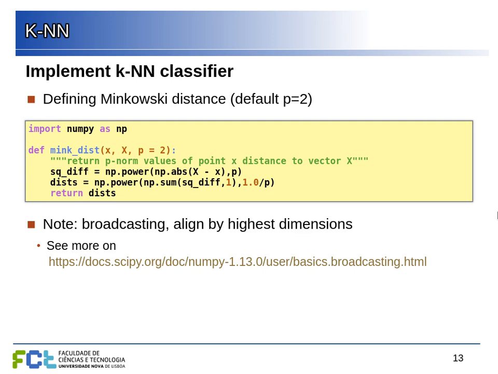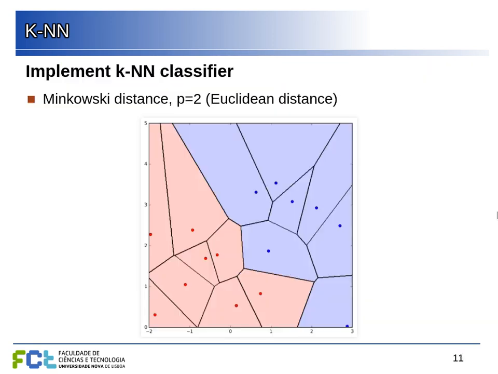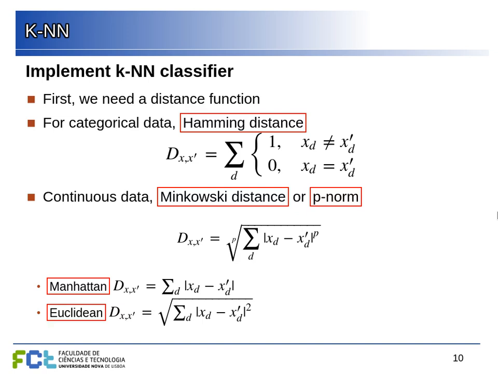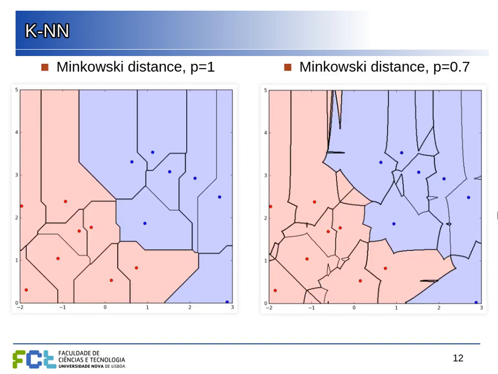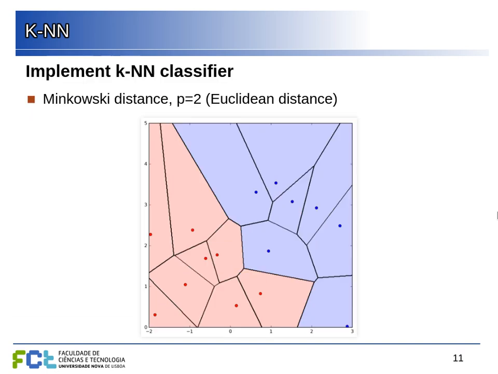So how does p affect the decision regions? For example, with p equal 1, you are adding the absolute differences in coordinates. So you are computing the distance. For instance, the distance between this point and this point is this value plus this value. If you use p equal 2, the distance between this point and this point is this length here.